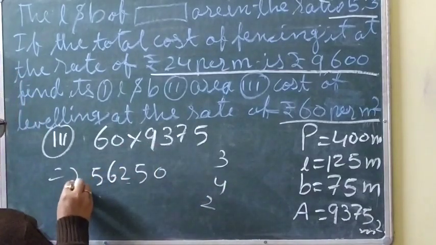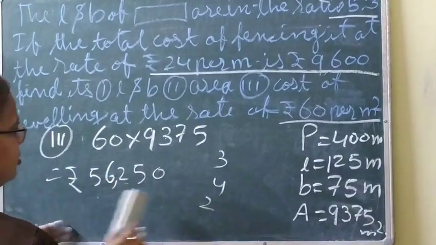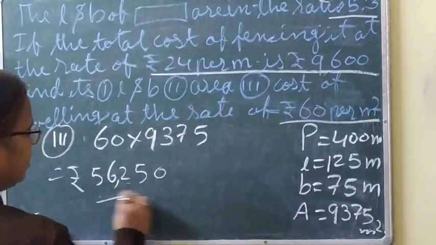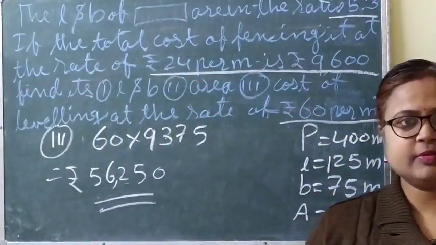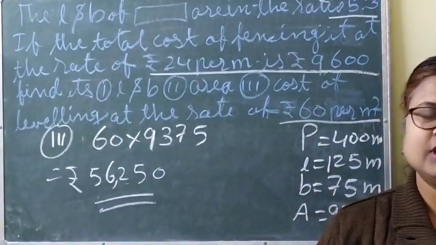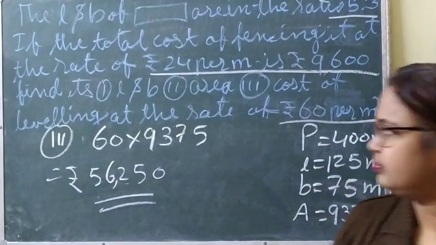Clear? So cost will be 56,250, answer. Okay. I think all the steps must have become very clear to all of you. Now let's do the next question.